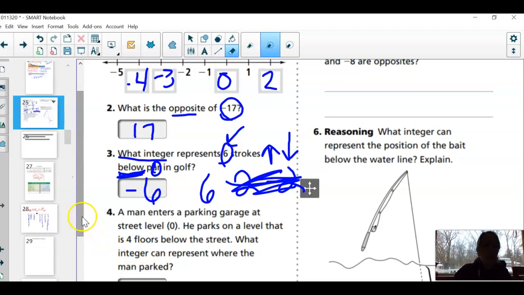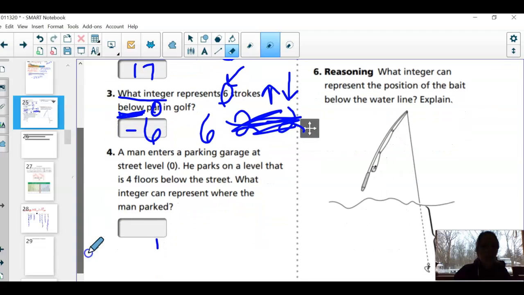Okay, a man enters a parking garage at street level. Un hombre va a entrar a un garaje de estacionamiento a nivel de la calle. Okay, he's going to enter at the street level. Street level, right here, nivel de la calle is equal to 0.